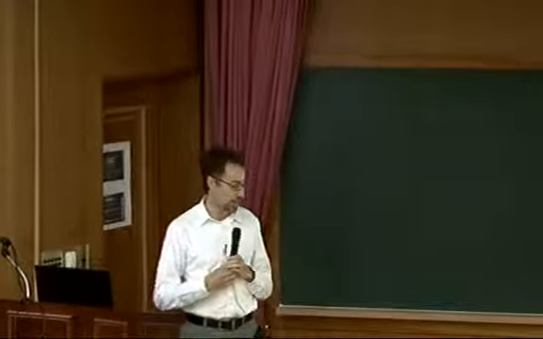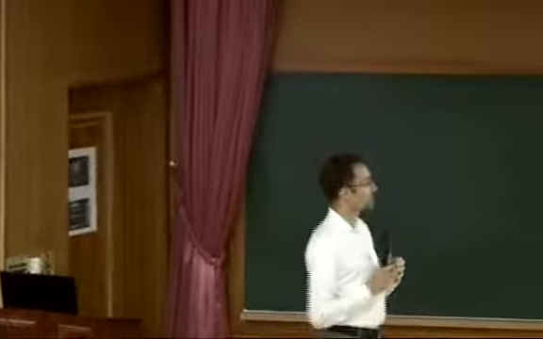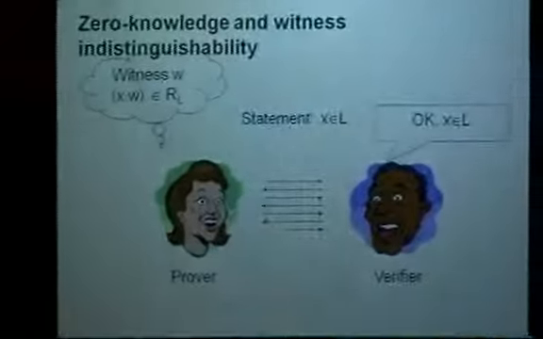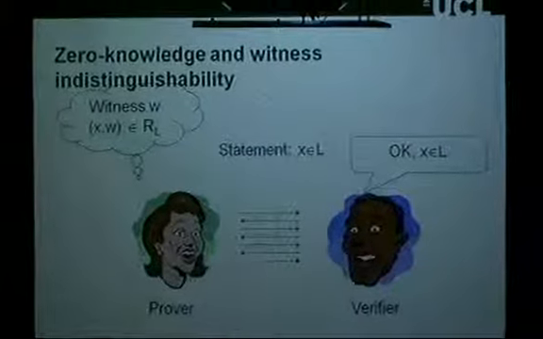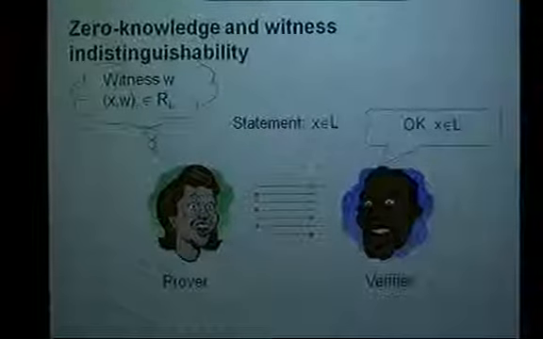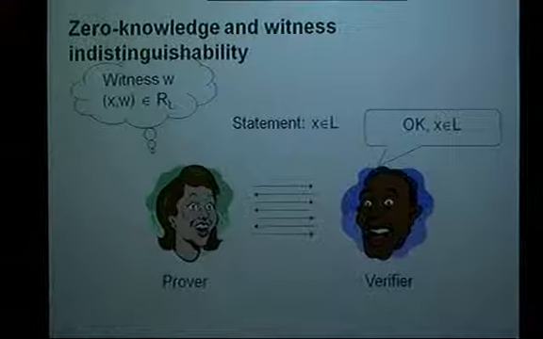Okay, so now this is, of course, something that's trivial to achieve if we don't care about privacy, because then the prover could just send the witness, right? And then the verifier could check that indeed X belongs to the language. But we want to have some level of privacy as well.